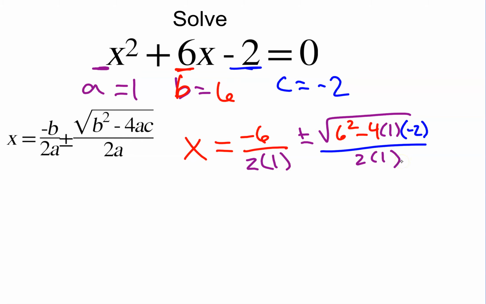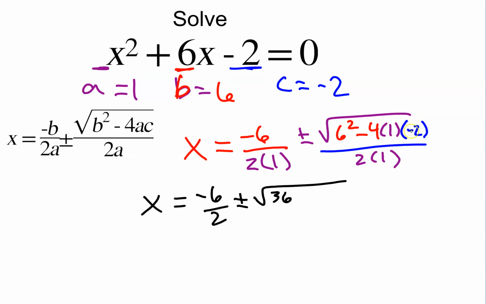That's how we set it up, and it's just a matter of simplifying this to get our final answer. We would have negative 6 divided by 2, because 2 times 1 is 2, plus or minus the square root of 6 squared, which is 36, minus 4 times 1 times negative 2. This is really important that we catch this.